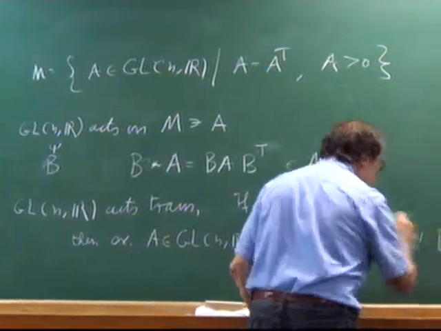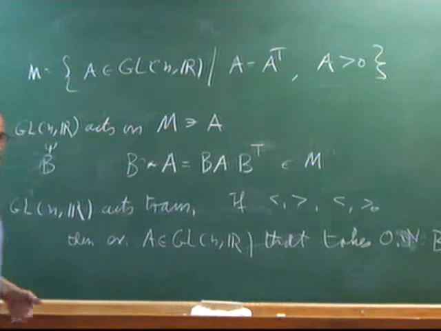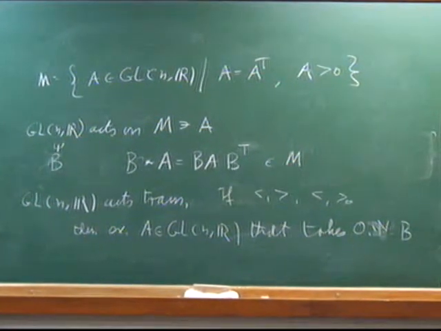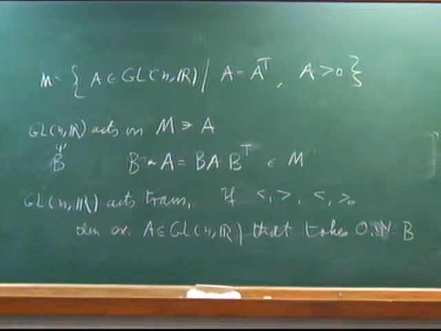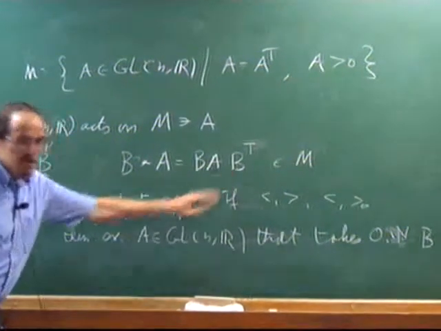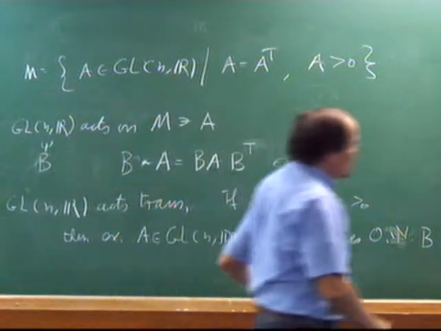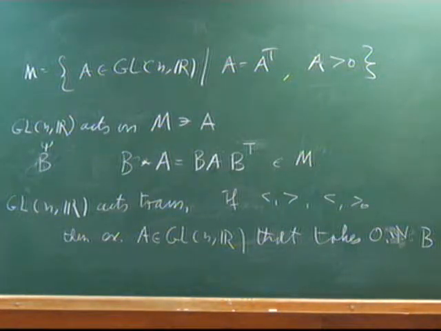Right. Each inner product has an orthonormal basis. Choose one. The inner product, of course, is determined by the orthonormal basis. If you have two of them, I just look at the basis change. It goes from one to the other, and this action here is basis change. So it's maybe the same thing, but a bit more geometric. So that's transitive.